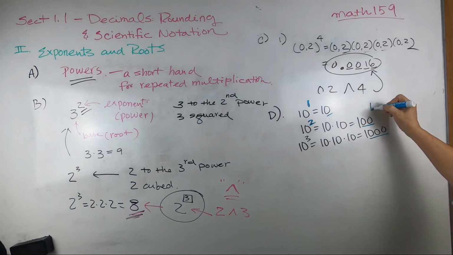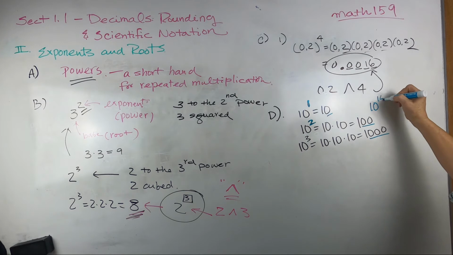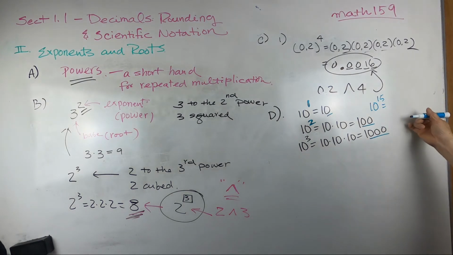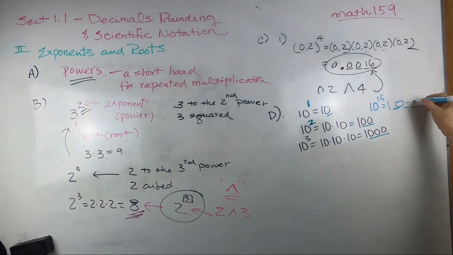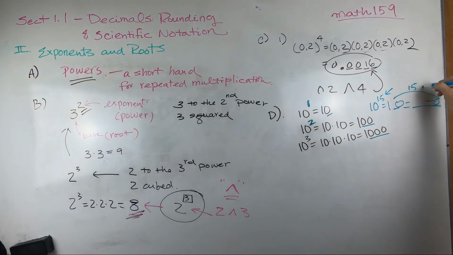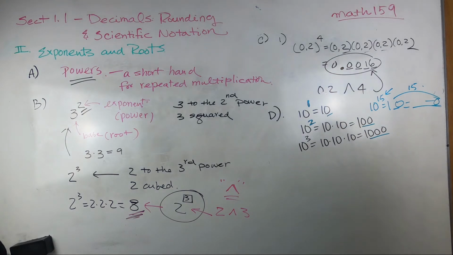Right? If 10 to the, say, 15th power, what do you expect the result? You have a 1 in front of it, then the remaining is zeros. How many zeros should you expect? 15 of them. Right? That's when you do the power of 10.